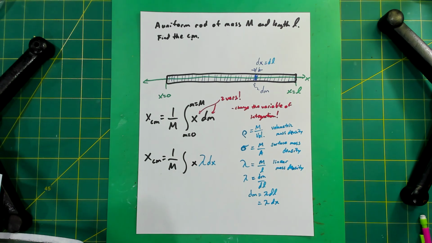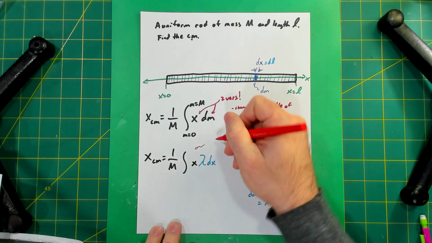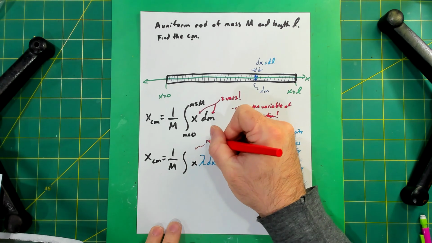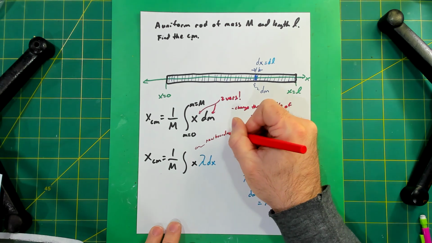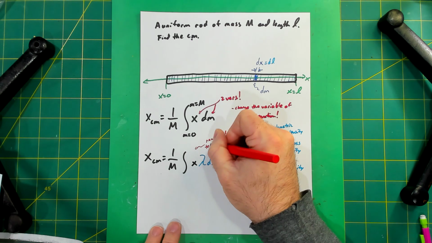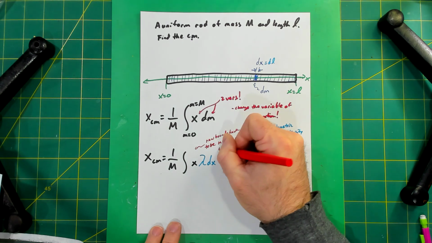So my new bounds for my integral have to be in terms of the new variable.